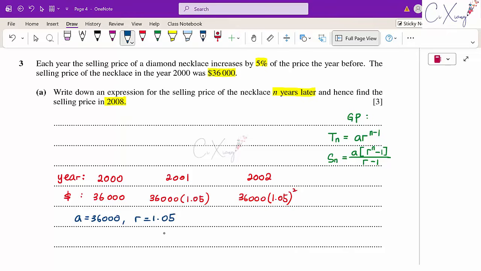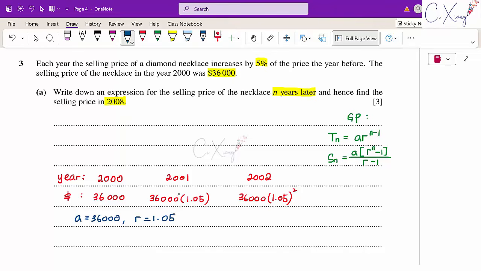And let us have a look in more detail at the question. They are asking for n years later. Okay, the formula for n years later. And for n years later, what is the general term or the symbol for the term? Let's have a look again. For year 2000, it is the starting year, right?